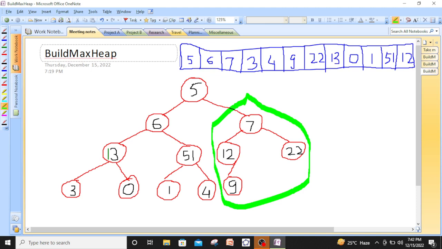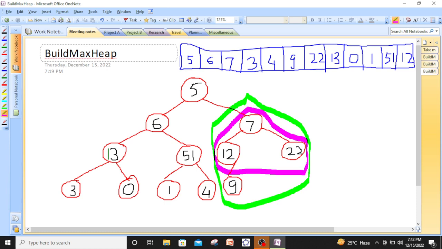So there are four nodes. So first we make a subset of the node with its child. You see, I have made a subset.